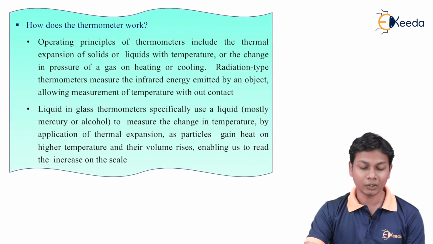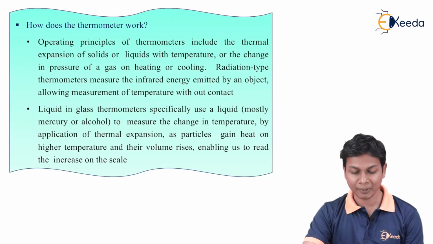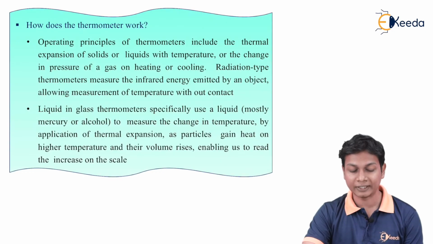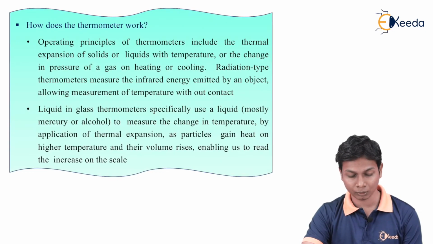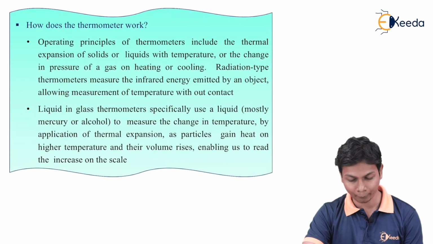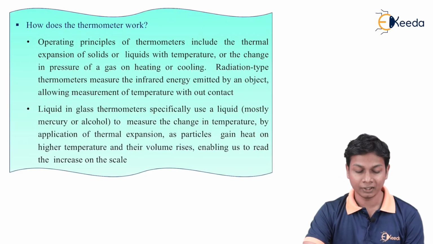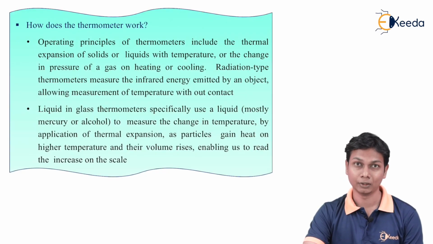Now, liquid in glass thermometers specifically use a liquid, most of the time mercury or alcohol, to measure the change in temperature. By the application of thermal expansion, as the particles gain heat at higher temperature, the volume rises, enabling us to read the increasing scale.